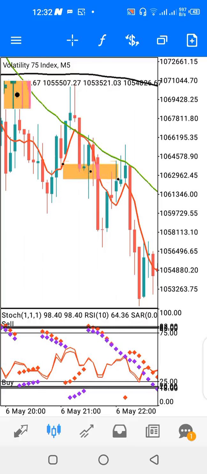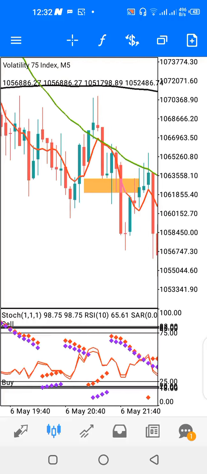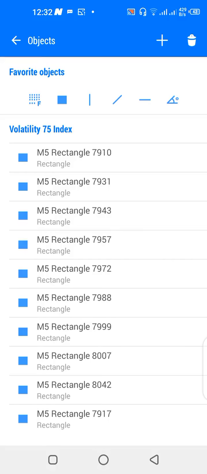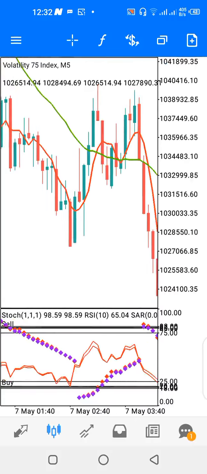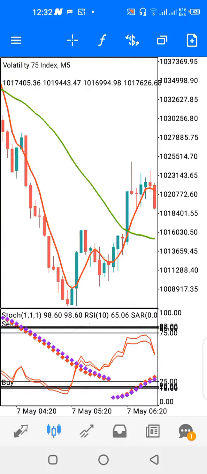Preferably we may sell below the low. This is a low, we may sell below this low. Then our stop loss will be somewhere above here. Then we'll just ride along with the trend.